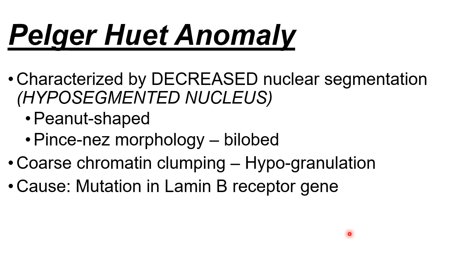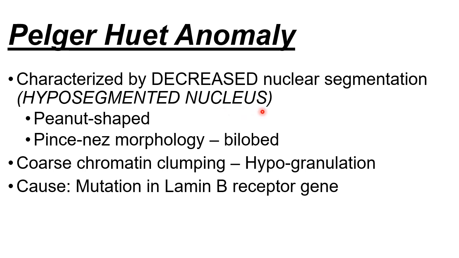So, unahin natin sa mga qualitative WBC disorder is the Pelger-Huet anomaly. So, ano meron sa Pelger-Huet? There is a decreased segmentation of the nucleus or tinatawag natin hyposegmentation. Ilan ba dapat ang segment ng nucleus ng mga WBC?